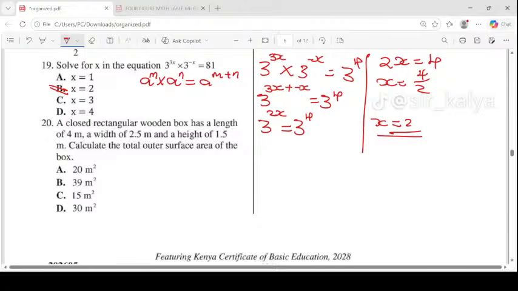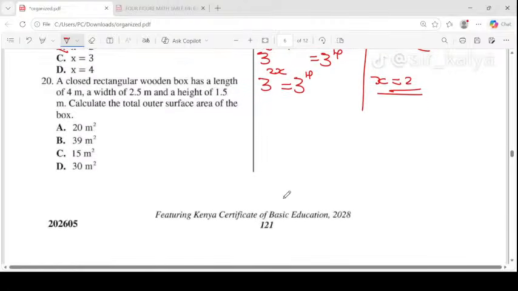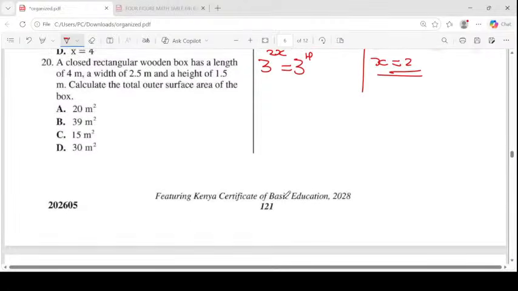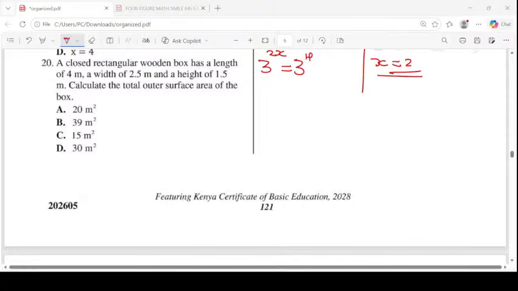Let us look at question number 20 now. We are being told in question number 20, a closed rectangular wooden block has a length of 4 meters, a width of 2.5 meters, and a height of 1.5 meters. Calculate the total outer surface area of the box.